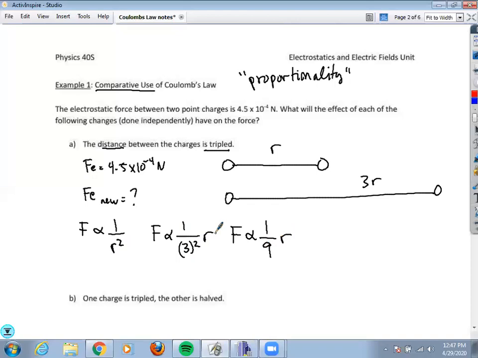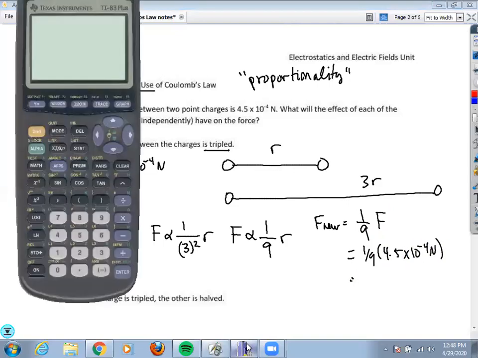So by increasing R by a factor of 3, by tripling it, the force is now going to be reduced by a factor of 9. So the new force will be 1/9 times the old force. So 1/9 times 4.5 times 10 to the minus 4 newtons, and we get our value.